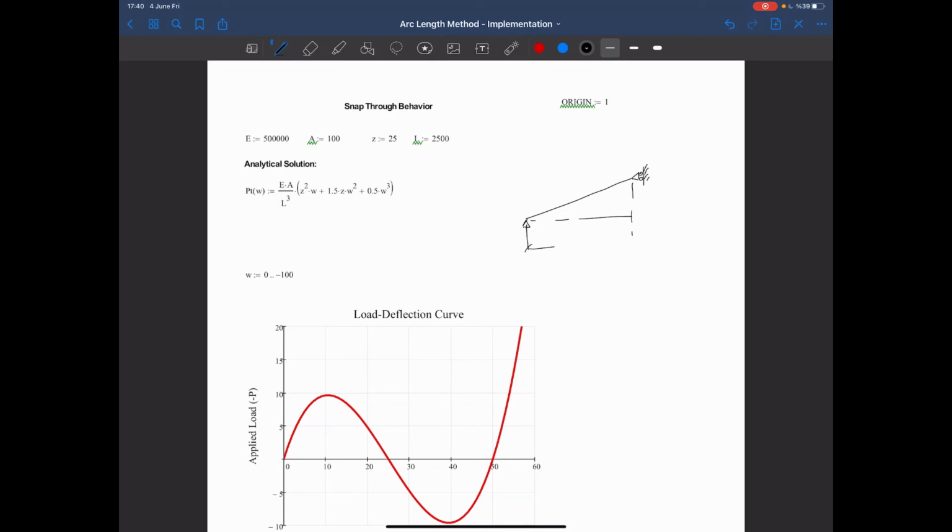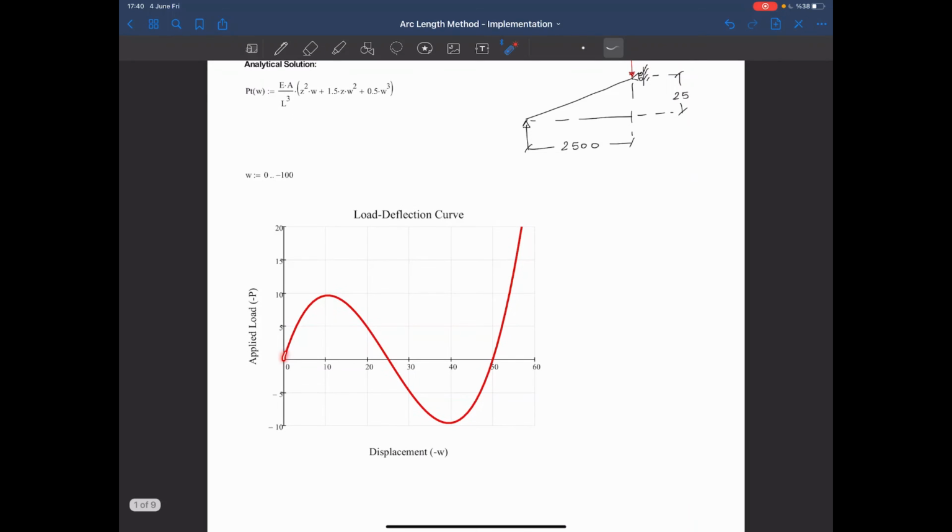So this length is 2500 and this length is 25, and we apply a load P here. And the analytical solution is as follows. We have a true snap behavior. So it snaps and then it finds an equilibrium point somewhere here.